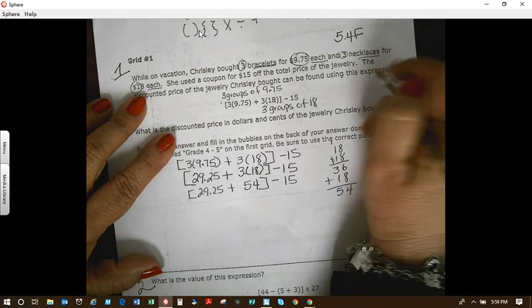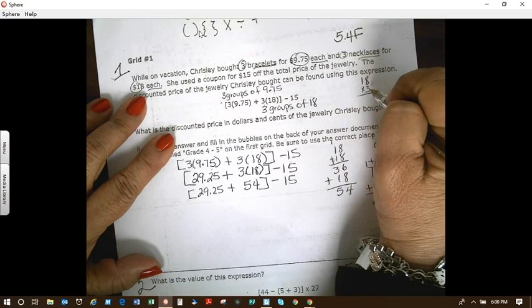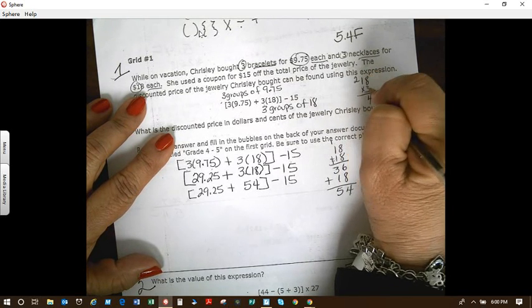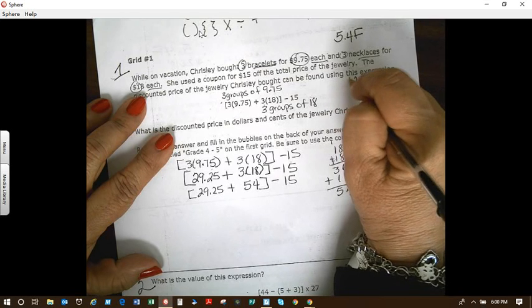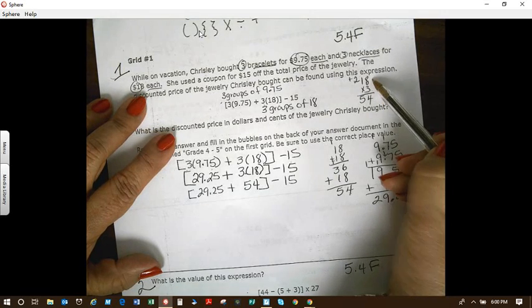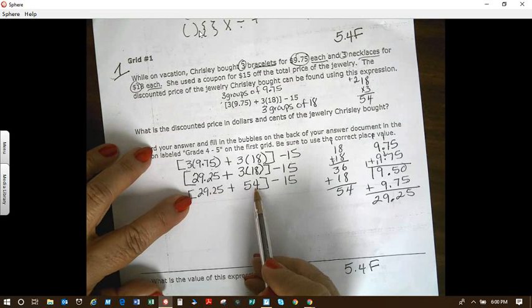I could have also done 18 times 3, where 3 times 8 is 24. 3 times 1 is 3 plus 2 equals 5. And so there is my 54. Again, I have 3 groups of 18. It tells me I need to add these next.